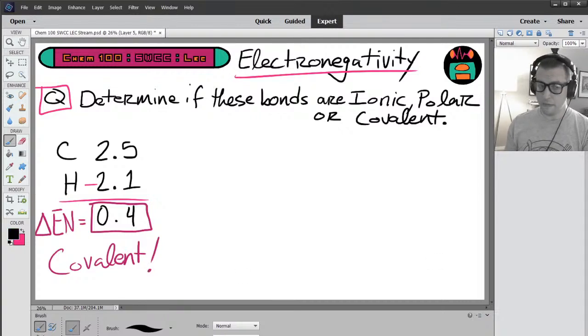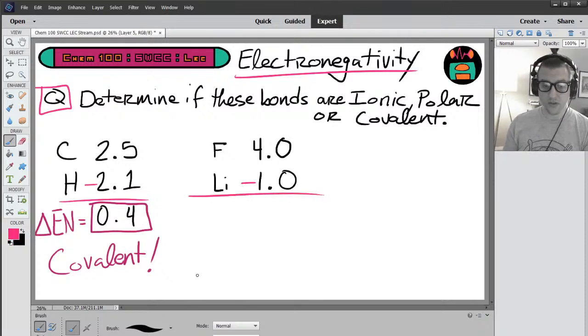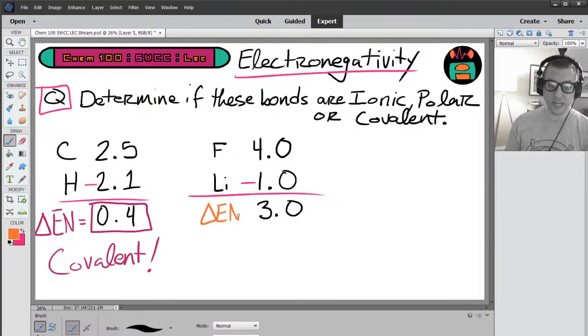All right. What about the bond that would form between fluorine and lithium, for example? Fluorine's electronegativity number, and again, I'll provide these for you, is 4.0. Lithium's electronegativity number is 1.0. So if we take the difference here, 4.0 minus 1.0 is 3.0. So our difference in electronegativity is 3.0.